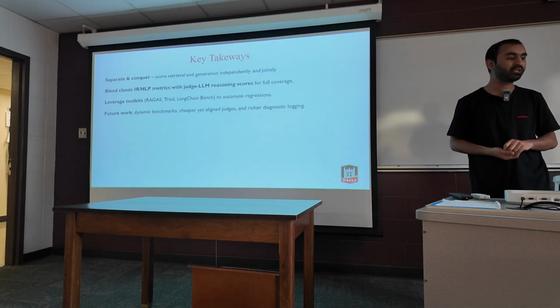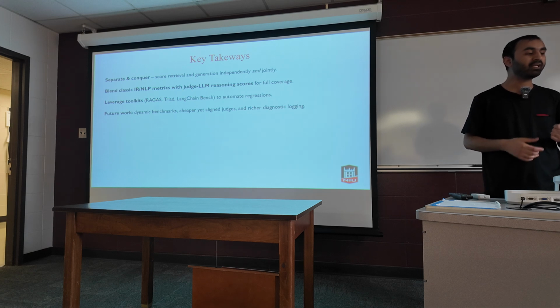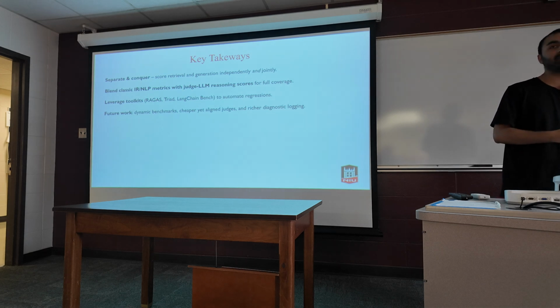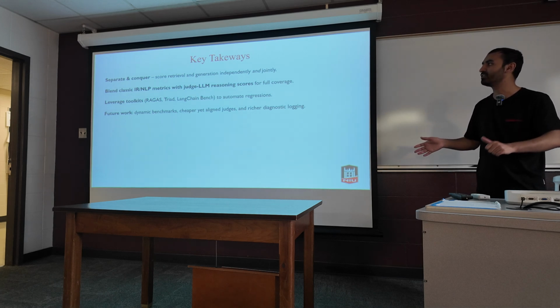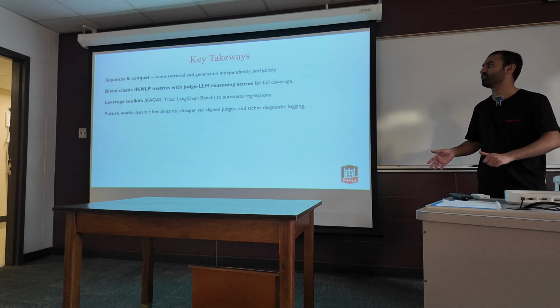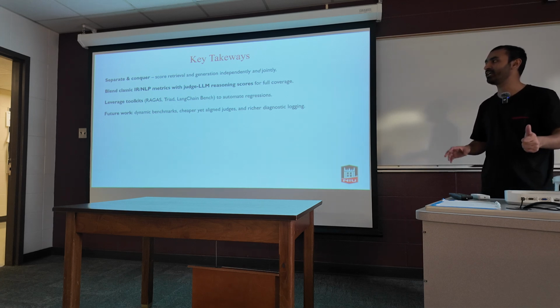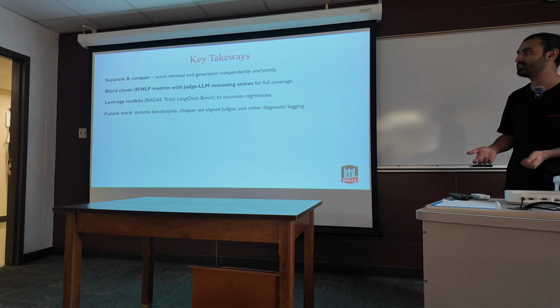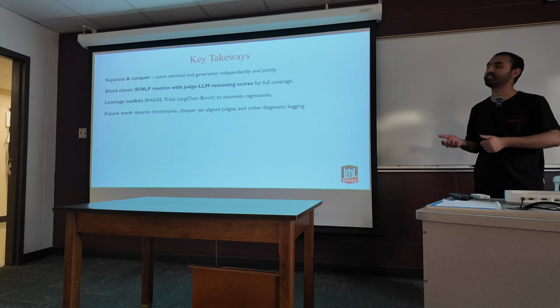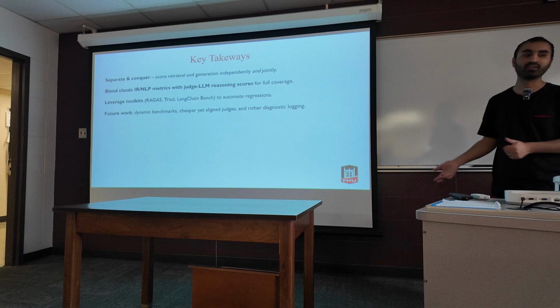Another thing is we can blend information retrieval and NLP metrics with LLM as a judge, because the RAGAS paper relied only on the LLM as a judge approach. Relying 100% on the LLM is not good in terms of cost or LLM bias, so sometimes it's good to use information retrieval and NLP metrics alongside the LLM.